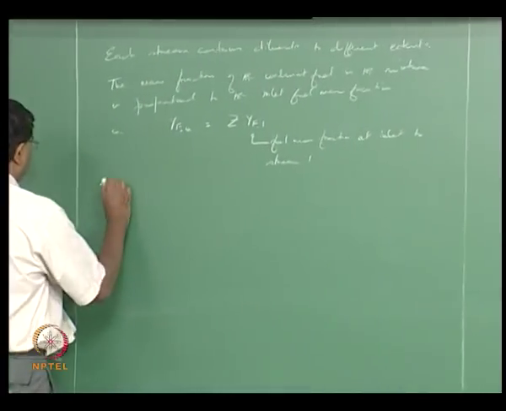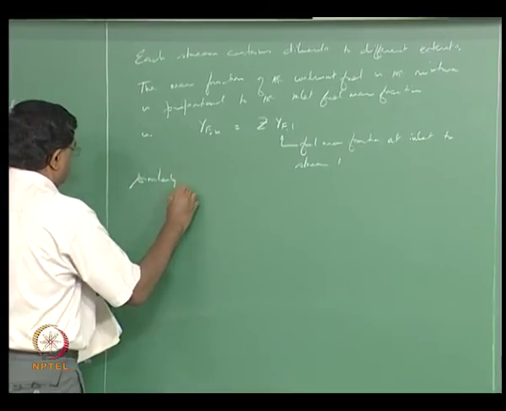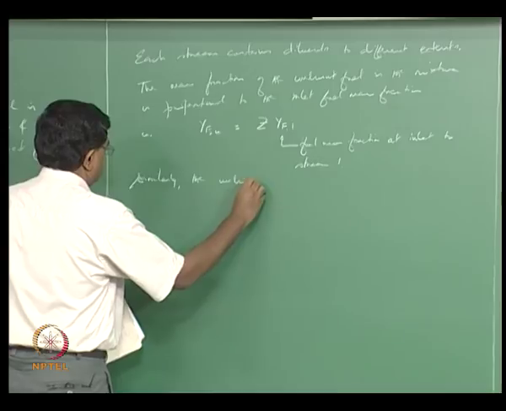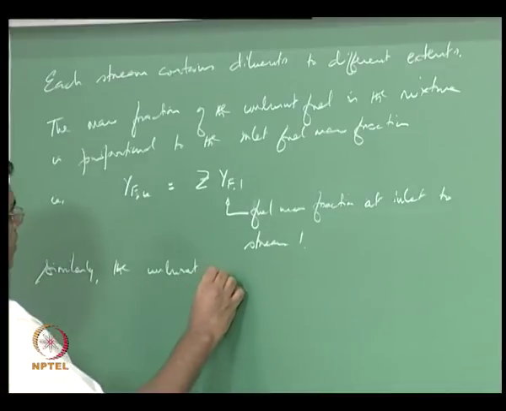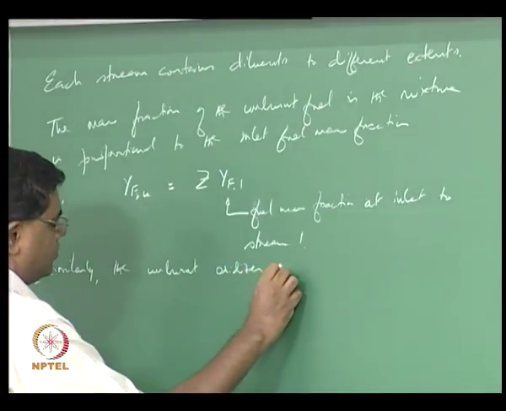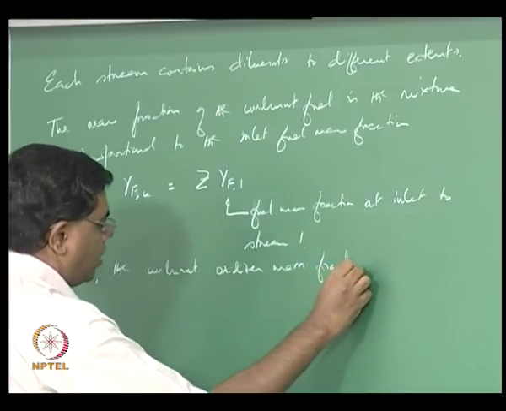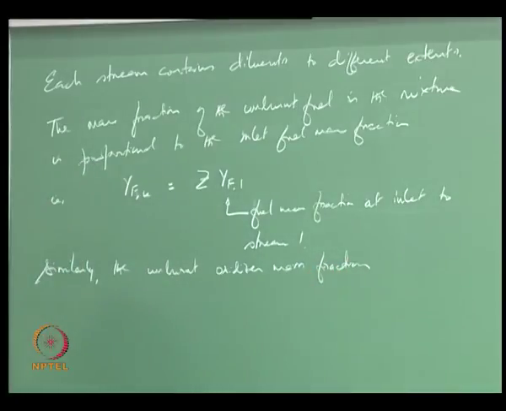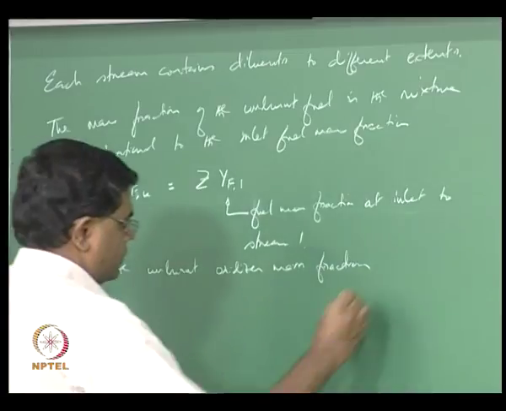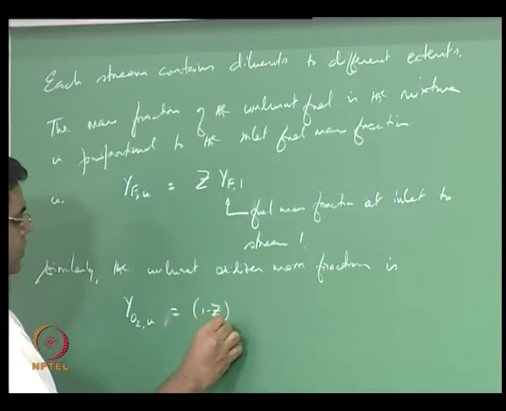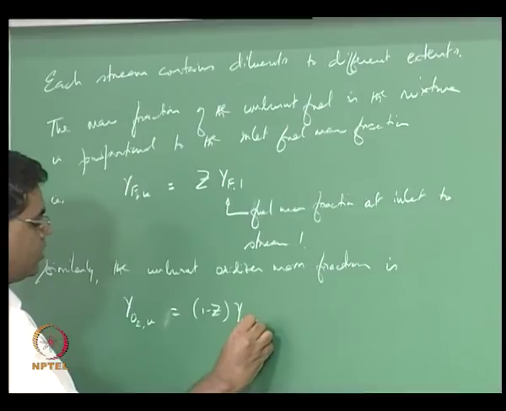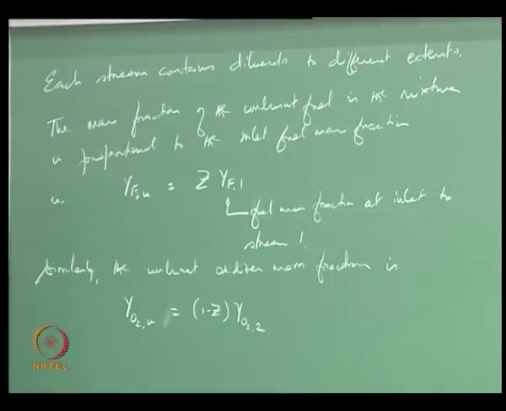So this is a little bit more general notation then. And similarly, the unburned oxidizer mass fraction YO2,U is equal to 1 minus Z times YO2,2, right.